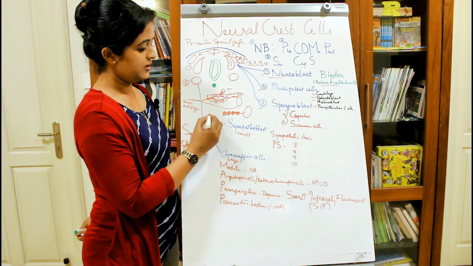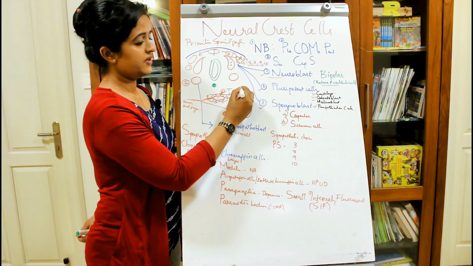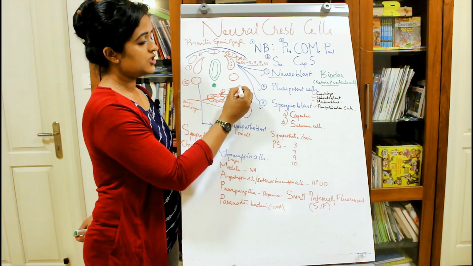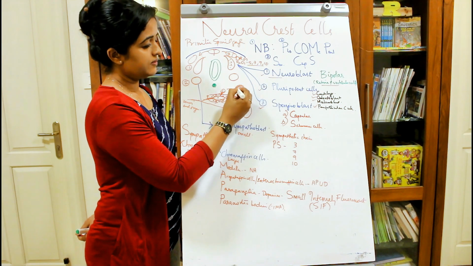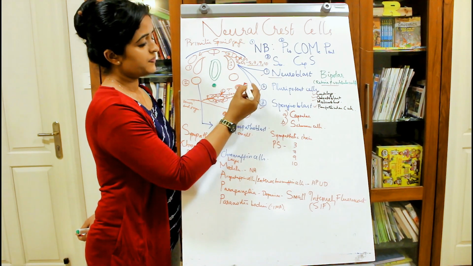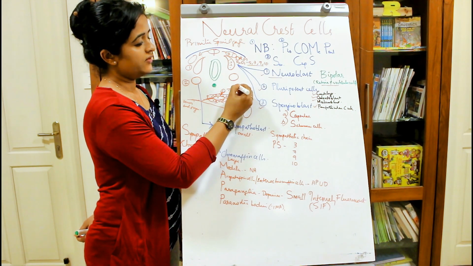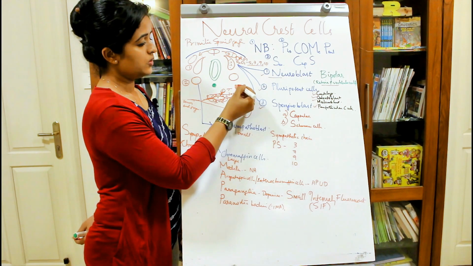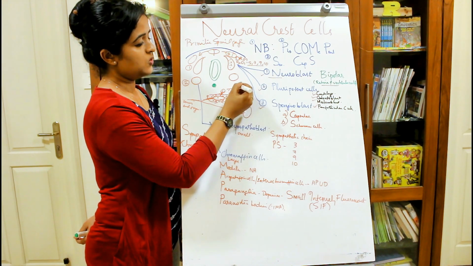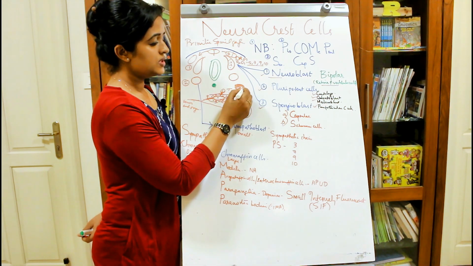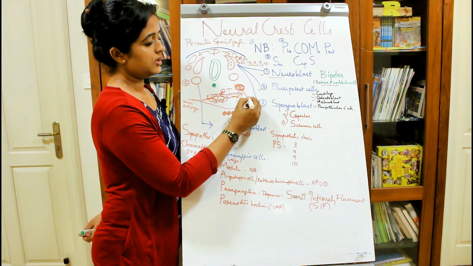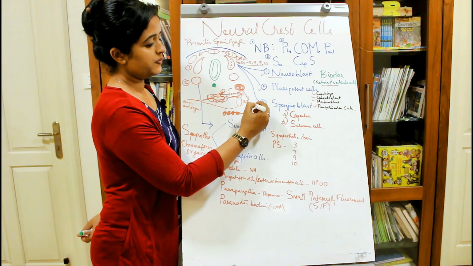So if you take this as the peripheral nerve, you have the Schwann cell in the form of rotating loops, and towards the periphery you have the nucleus of the Schwann cell. So you have the myelin deposition in between the layers of the Schwann cell, and the outermost layer is what is known as neurolemma sheath.